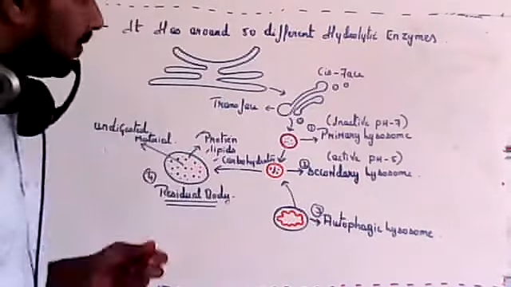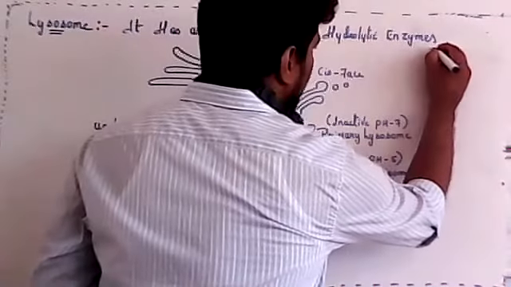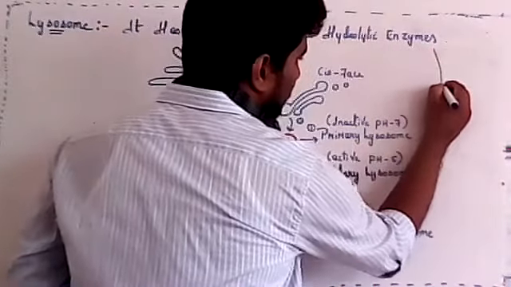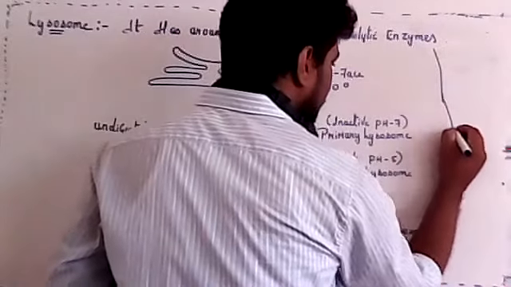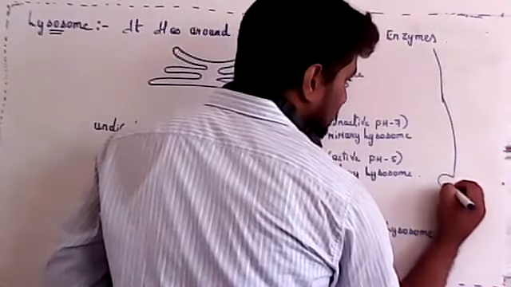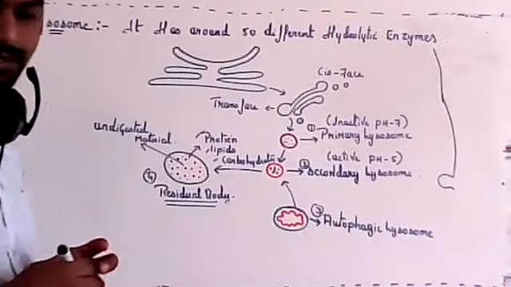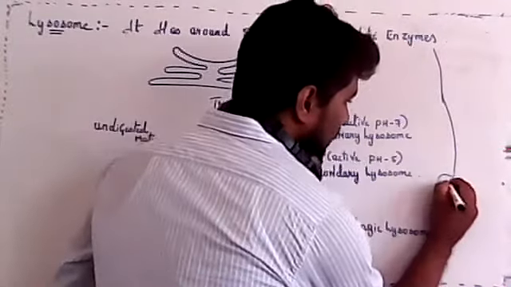Now, this will be a cell membrane. So outside there is the cell membrane of the cell. Somewhere here, they form a vesicle. If any solid particle wants to enter inside, it enters through the vesicle. So here is the solid particle.